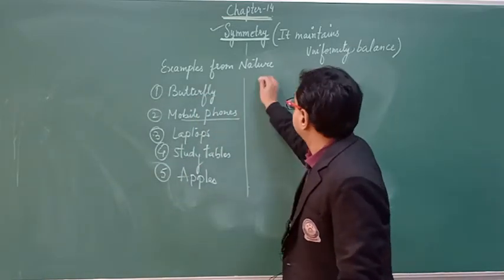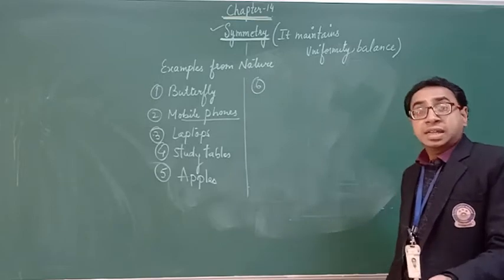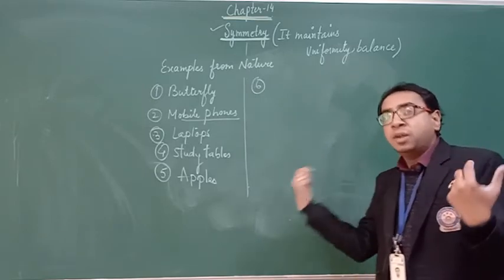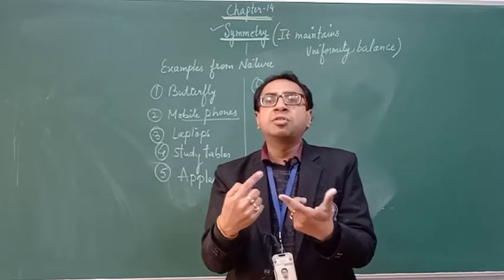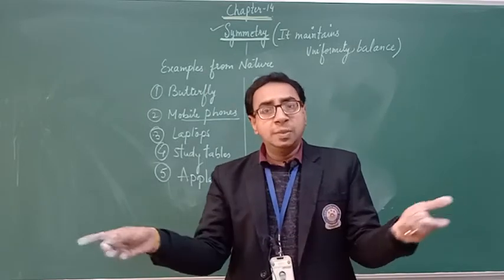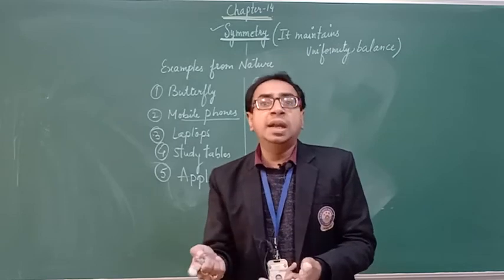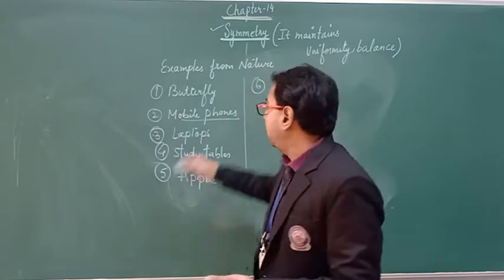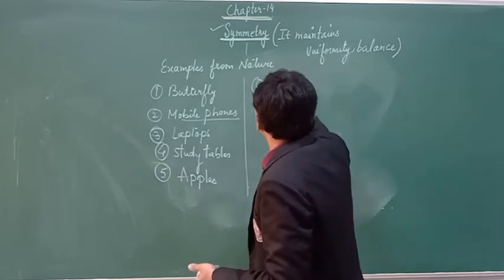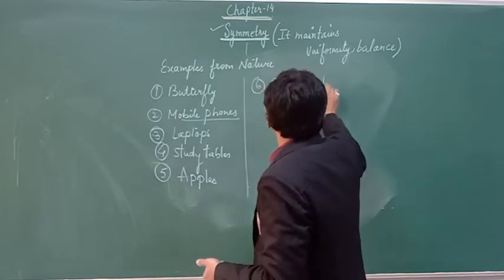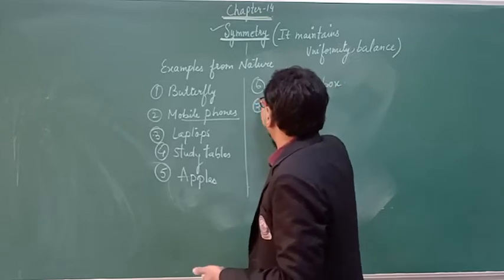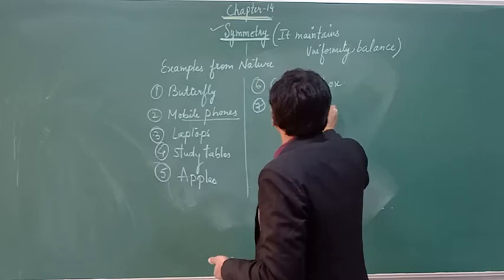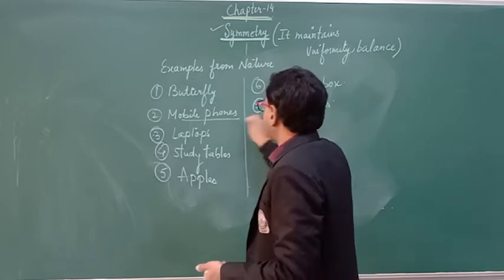What else can we take? If you see all around nature, you'll be getting symmetric things. Even the Earth, if you cut, you'll be getting symmetric parts, because it's a division. Even a geometry box is one of the best examples. Refrigerators. All are the best examples of this symmetry.